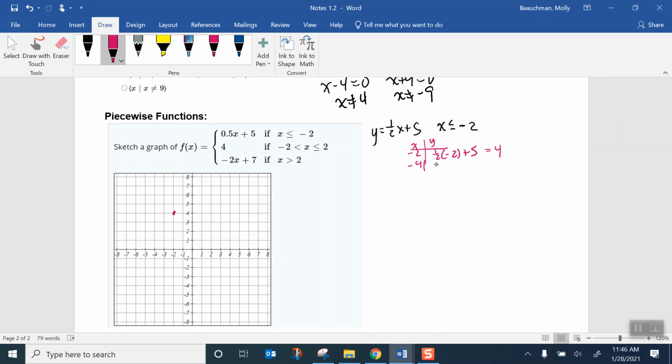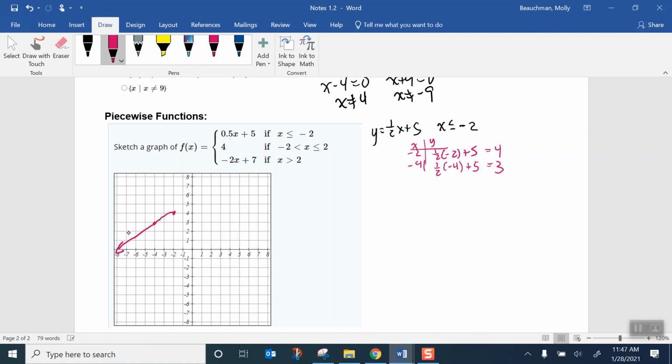If you put in a negative 4, you get 1/2 times negative 4 plus 5, which equals negative 2 plus 5, which is 3. So at negative 4, I get 3. Remember, you need 2 points to make a line. So I want to graph this line only for values less than or equal to negative 2.